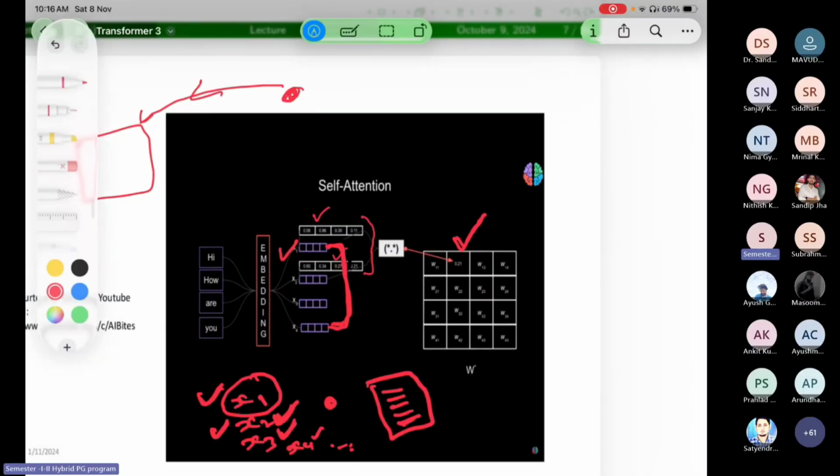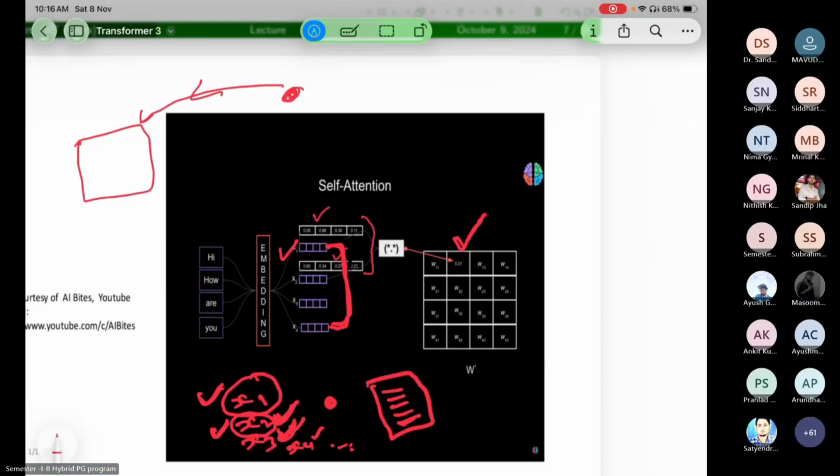Why no? Because if I give equal weightage to everyone, then what will happen? Maybe x2 is not related to x1. It's not close to x1. So if x2 is not close to x1, then what will happen? x2 can give any arbitrary information about x1.